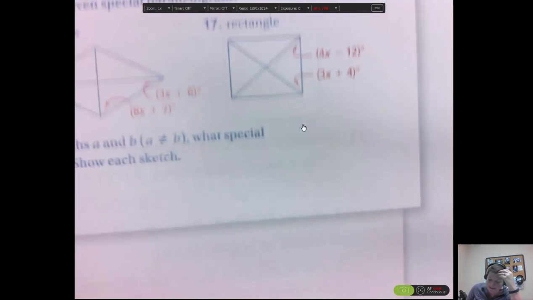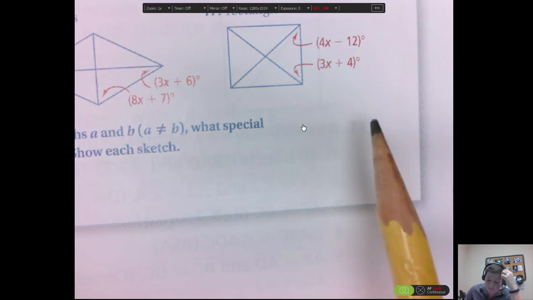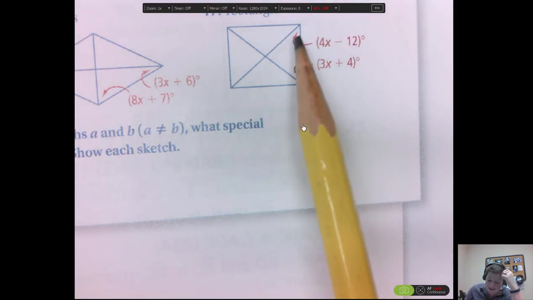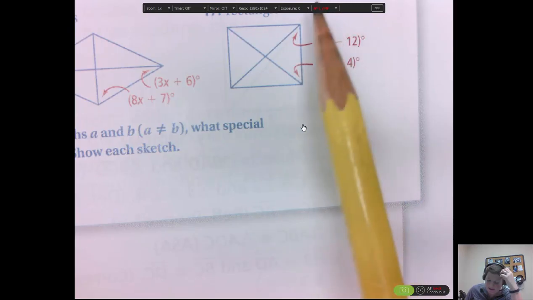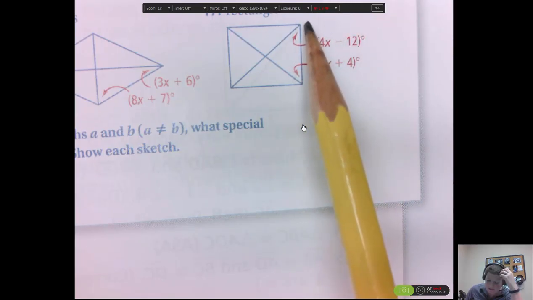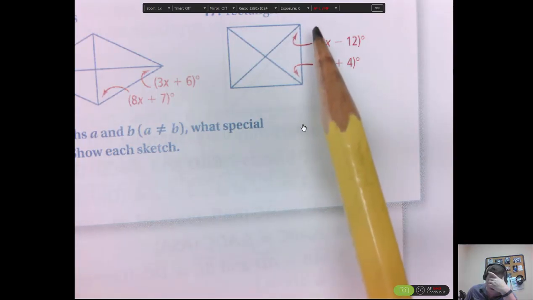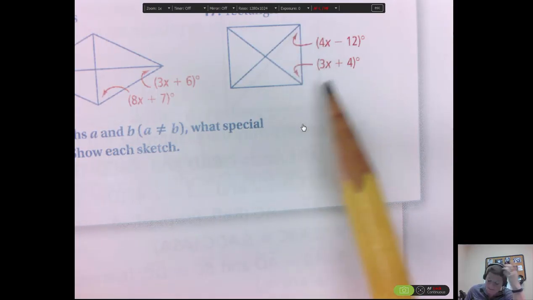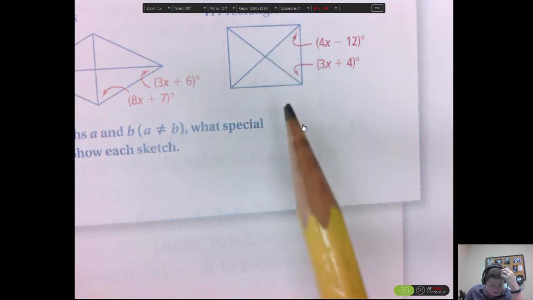Okay, number 17. If this is a rectangle, what could we say about this angle versus this angle? So I was trying to think, this is a transversal. Nope, my thought process wasn't right on that. I was thinking, well, anyway, they add up to 180, but I don't have this one.